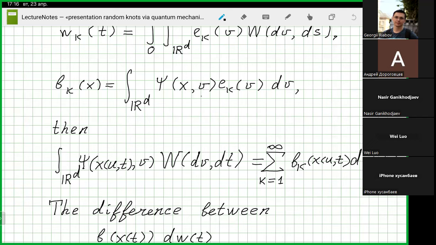So one can say that maybe this is just some artificial mathematical construction. It is enough to have one Wiener process. Why do we need so many, even an infinite set of Wiener processes? But it is important.